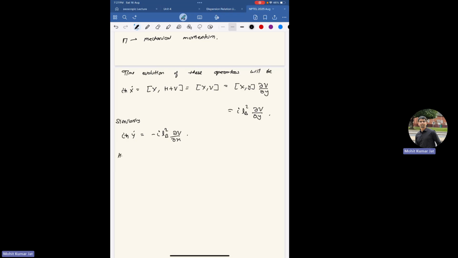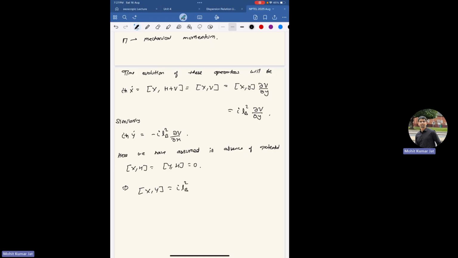Here we have assumed in absence of potential, x h equals y h equals 0, and together this we will get the commutation relation of x and y to be i times lb square.